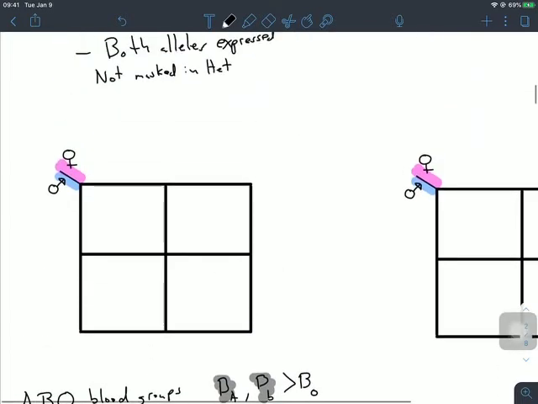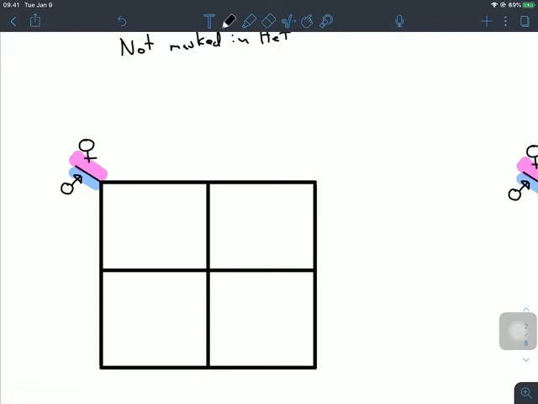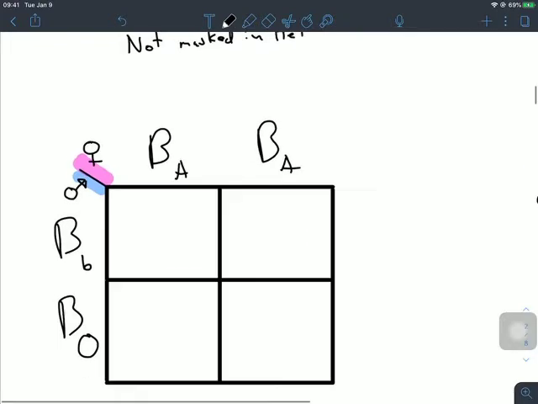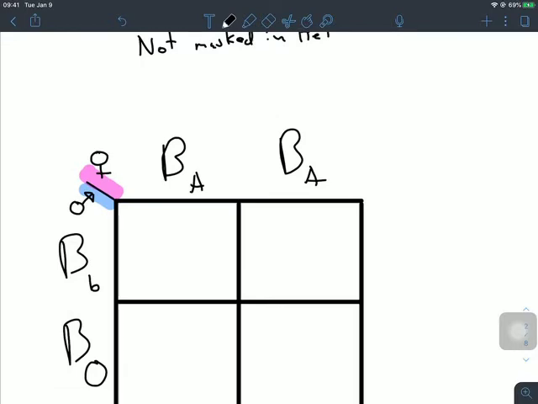So let's go ahead and do a Punnett square here, where you have an individual that is homozygous A, an individual that is heterozygous B. And if they're heterozygous B, you know that they have to have an O allele because they're not expressing the A, and they would be homozygous B if it was two capital B's. This is not an X-linked trait, so we're using it just on autosomes like we were before.